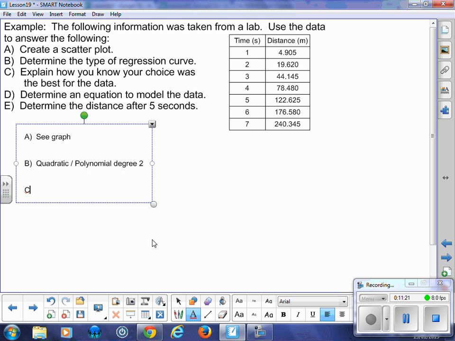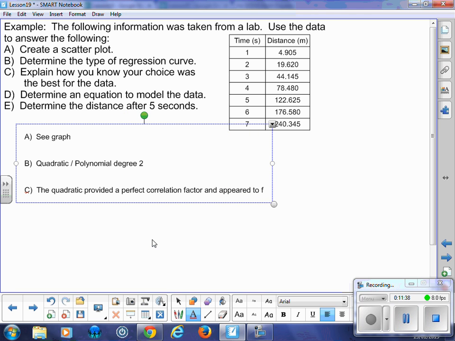Explain my decision: the quadratic provided a perfect correlation factor and appeared to fit the data best. All right.